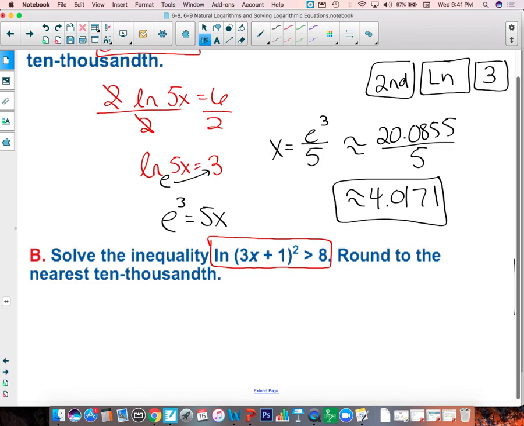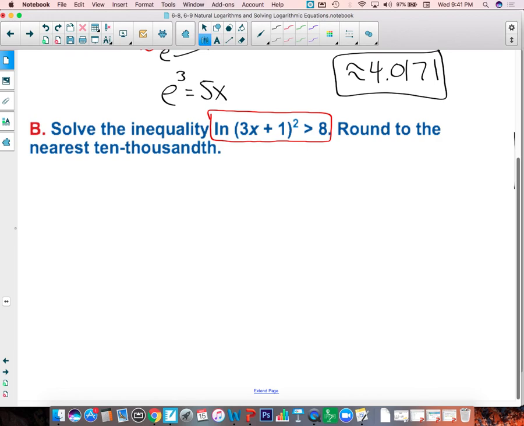I'm going to do it the way that's a little bit more difficult, so that way we can see it. But right here, I'm just going to exponentiate that right away. Well, let's see if I want to do it that way or not. That would give me... I don't want to do it that way.